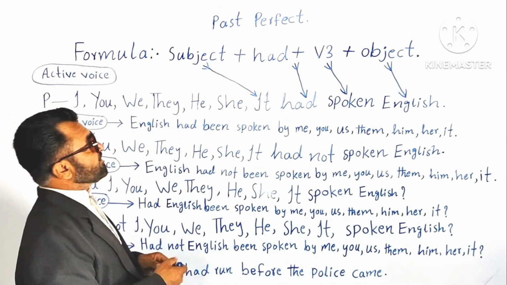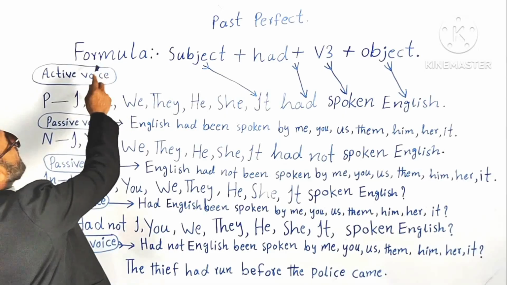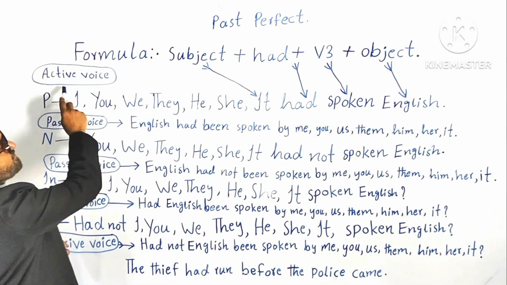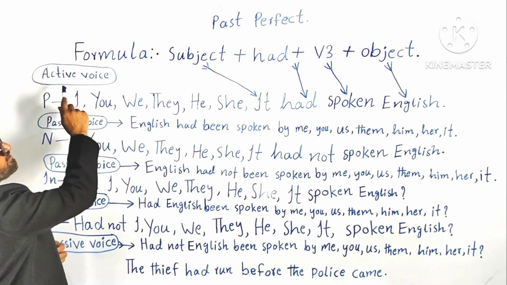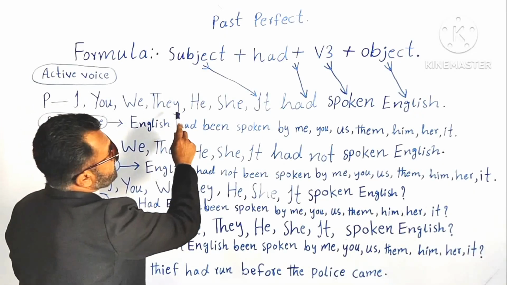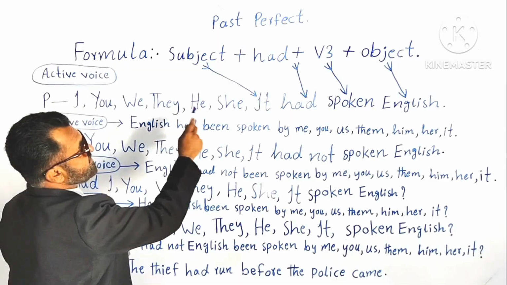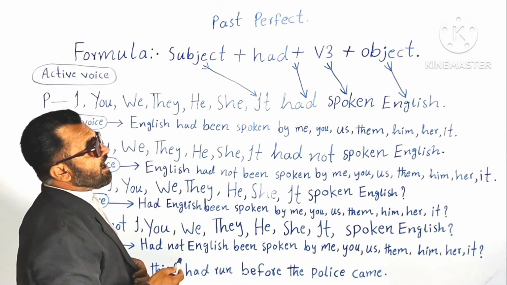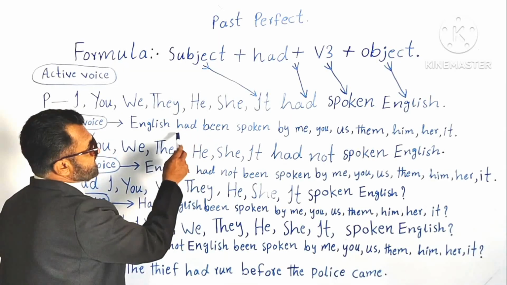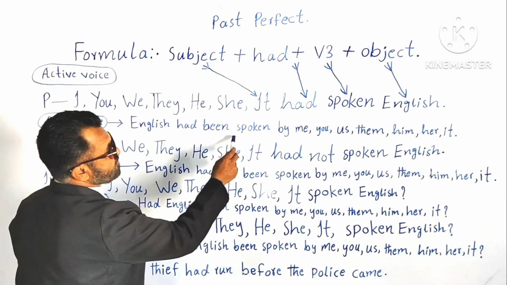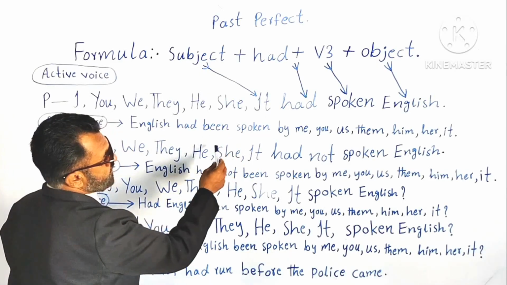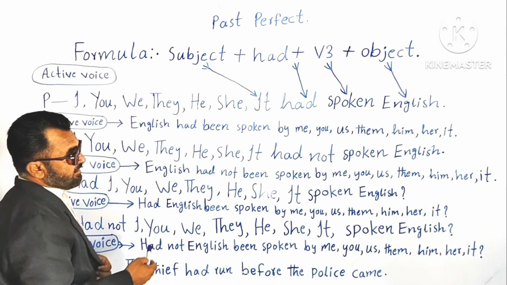Now look at the formula for active voice. The sentences written in bold are active voice, and the sentences written in smaller words are passive voice.